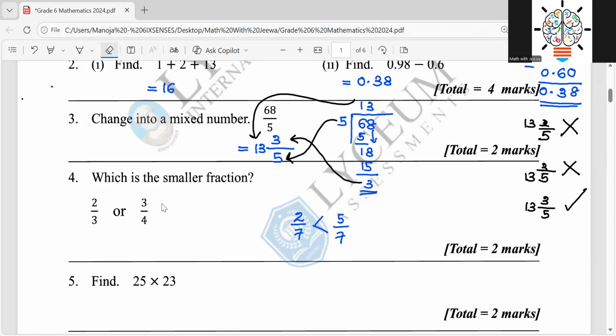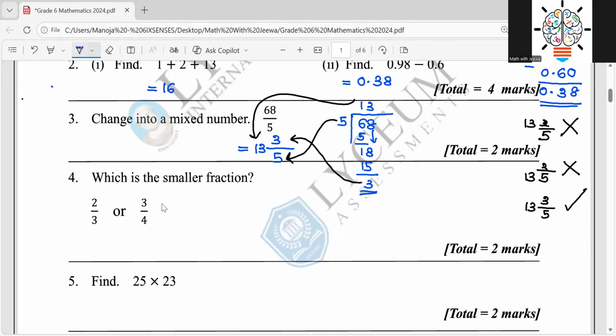But here we don't have such a scenario because we do have two fractions, and the denominators are different. When you have different denominators, the very first thing you should do, children, is convert this into a common denominator, right? When you take 3 and 4, what is the lowest common multiple?